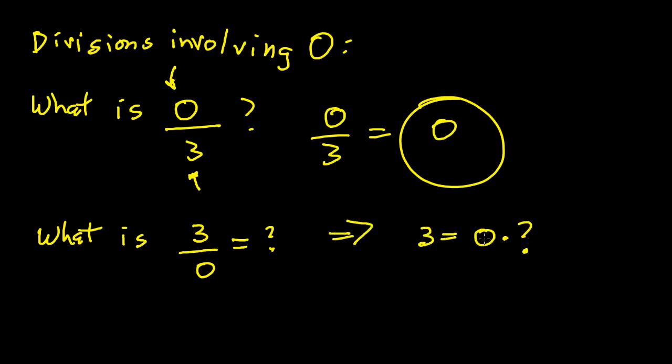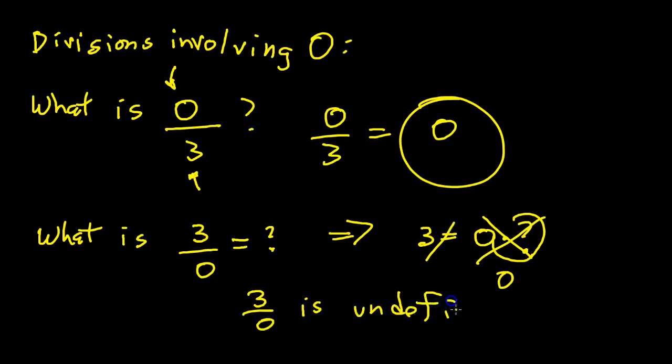And of course, 0 times anything, doesn't matter what it is, is going to be 0, and 0 cannot be equal to 3. So hence we say 3 over 0 is undefined. It leads to a nonsense statement. So we put this undefined label on it.